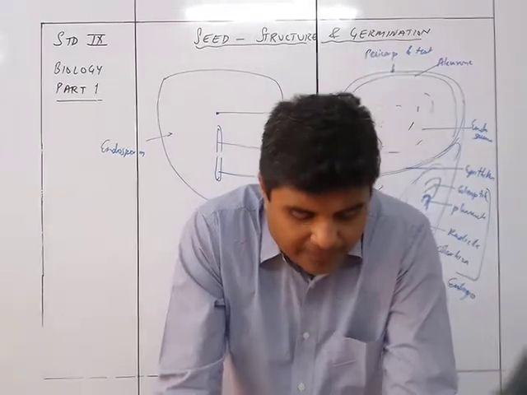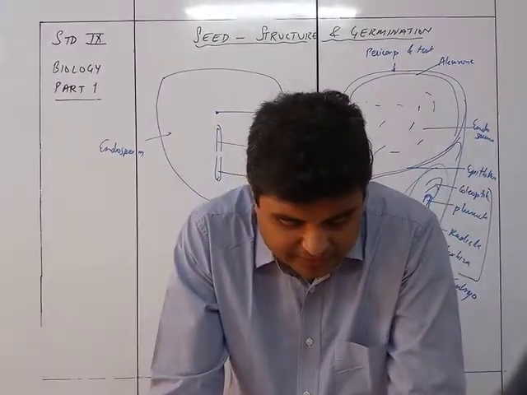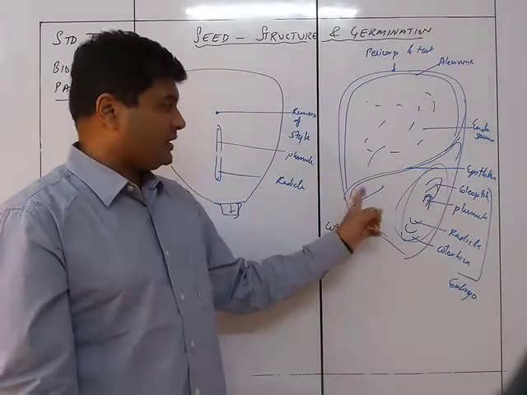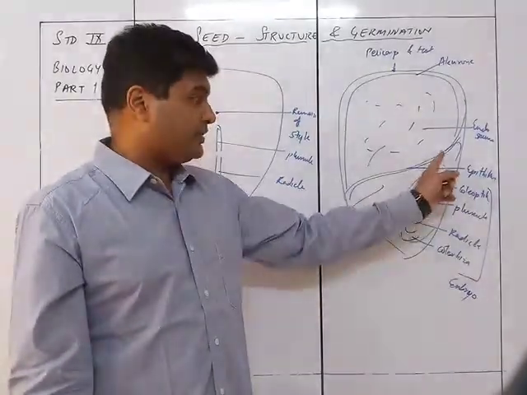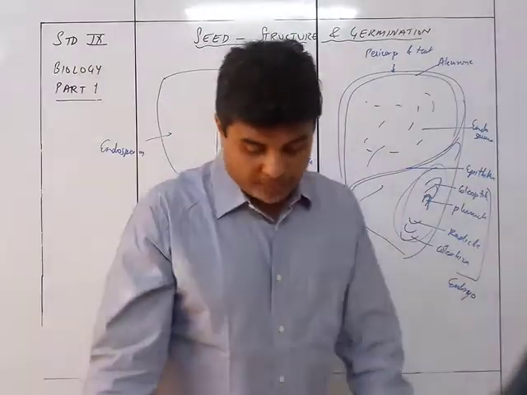The endosperm and the embryonic part are separated from each other by a thin epithelial layer, which separates the endosperm part from the embryo part.